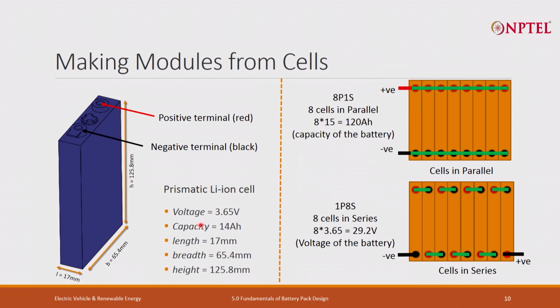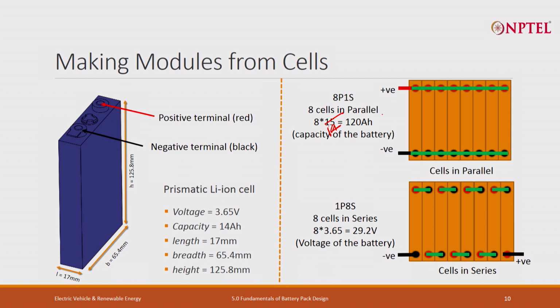120 Ah divided by this 14 Ah gives the number of cells. So, here it is not 15, it is basically 14 Ah. So, 14 into 8 is how much? 112.